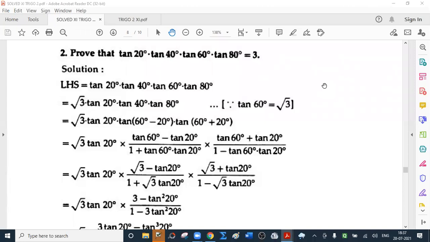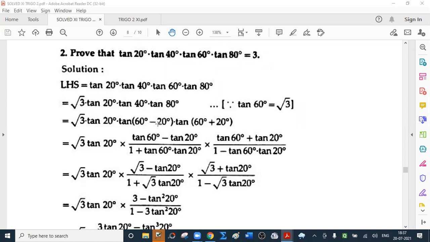Now the next one, prove that tan 20 degree into tan 40 degree into tan 60 degree into tan 80 degree equals 3. Now I will not say degree, but the angle is in degree only. Begin with LHS. What is tan 60? Root 3. Tan 20, tan 40, tan 80. This is the most important step. 40 is written as 60 minus 20. 80 is written as 60 plus 20.